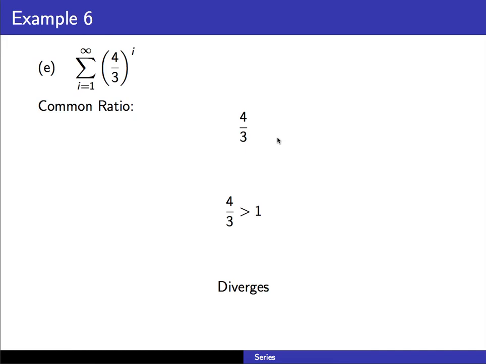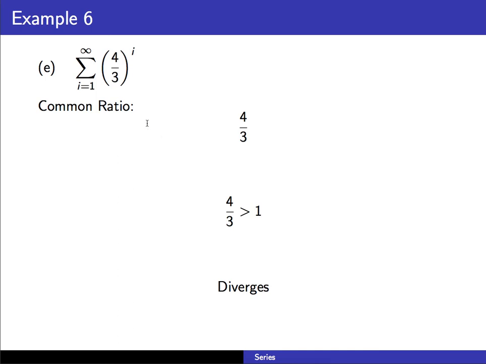Now, if you did find a sum for this, let's say if you didn't bother checking the condition, what you would get for your first term is 4/3. Your common ratio is also 4/3. So if you attempted to solve this problem using the formula, you get 4/3 over 1 minus 4/3, which is 4/3 over -1/3, which equals -4.